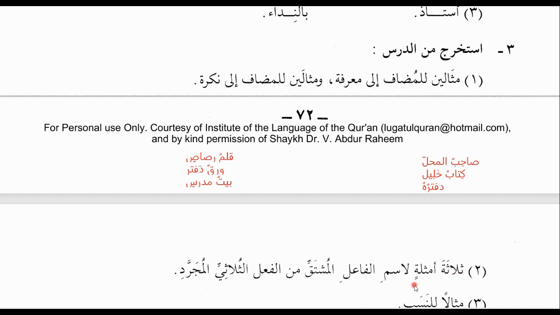Thalathata amthilatin. Now you need to take out 3 examples of ismun fa'il mushtaqq min al-fi'l ath-thulathi al-mujarrad. So you need to take 3 examples of ismun fa'il derived from the triliteral verb. Let's see that.